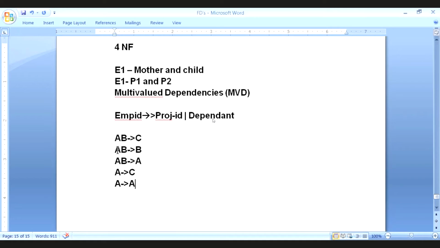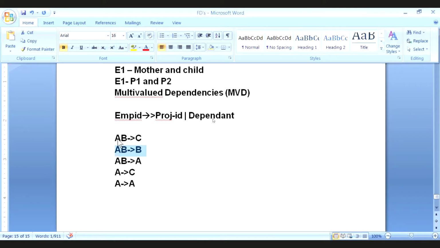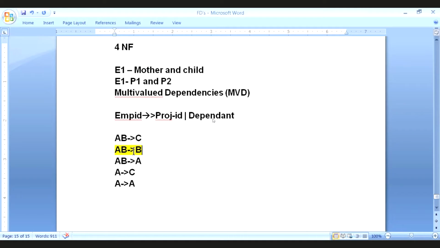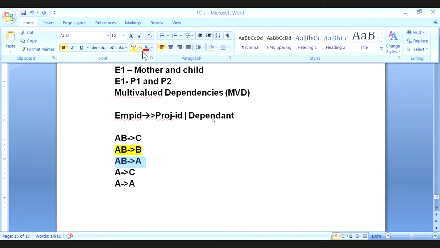These are all trivial FDs. So which FDs did I say are trivial? If AB is a determinant and AB to C is given to you, then you can say AB to B, that means it's AB's subset. AB to B is a trivial case, AB to A is another trivial FD.